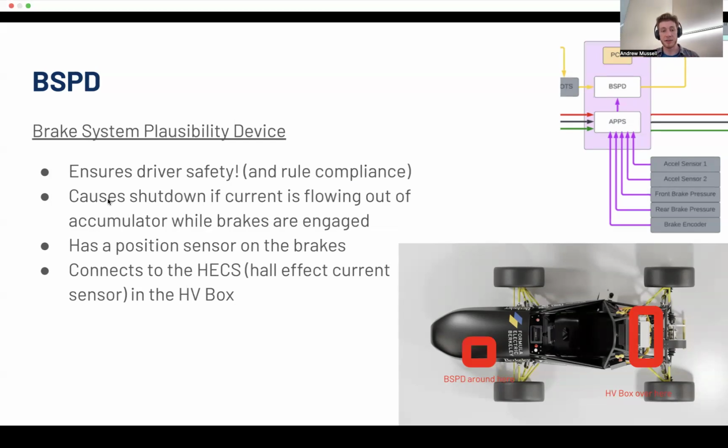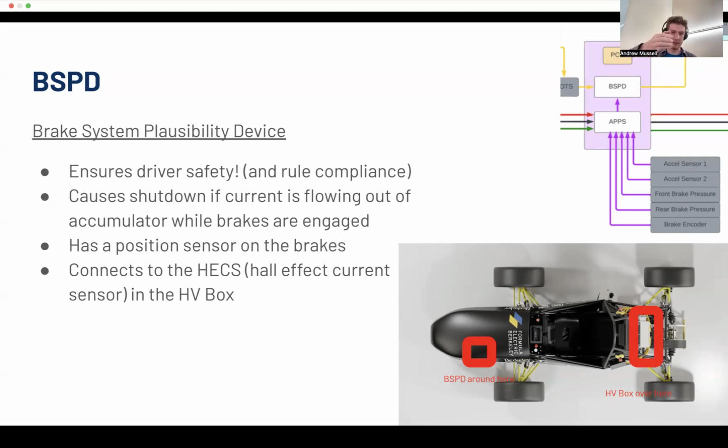This causes shutdown if current is flowing out of the accumulator and the brakes are engaged. Now, why is this a dangerous position? Why should we shut down the car if this happens? If current is flowing out of the accumulator, it likely means you're commanding torque to the motor.